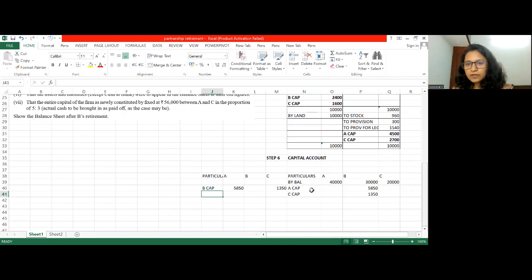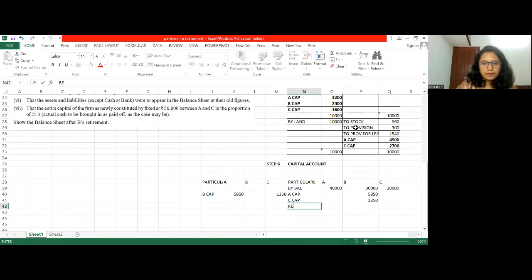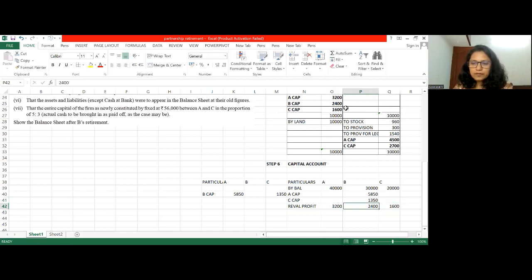Then we have revaluation. Revaluation profit gets divided first in the old profit sharing ratio. Okay.